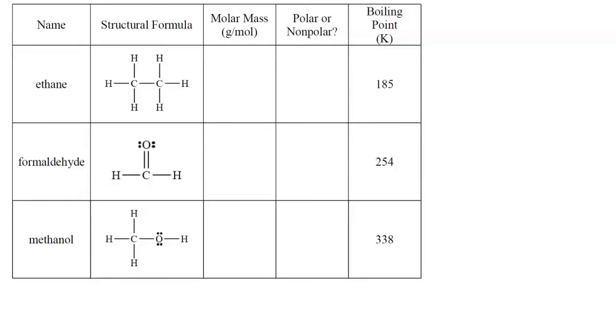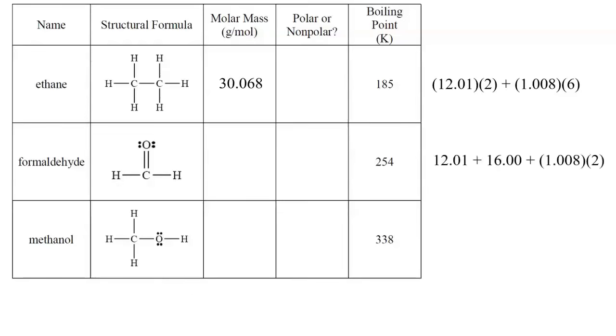So if we add up the atomic masses, we get approximately 30 grams per mole. For formaldehyde, it would be 1 carbon, 1 oxygen, and 2 hydrogens. If we do that math, adding up the atomic masses from the periodic table, we also get approximately 30 grams per mole. And then for methanol, 1 carbon, 1 oxygen, 4 hydrogens, we get approximately 32 grams per mole.